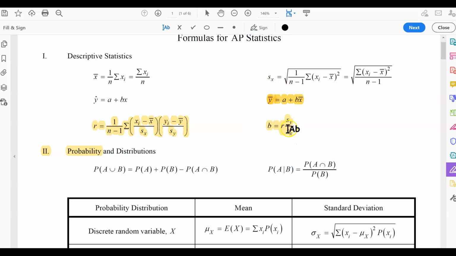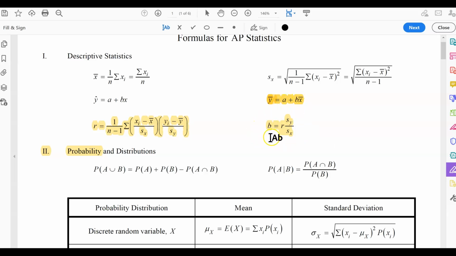So I have my equation for the y bar, okay? This would be the y-intercept, a plus b x bar. That's basically you're finding the equation of a line using the slope and a point. We know that x bar, y bar always lives on the least squares equation. So if I wanted to find a, the y-intercept, it would just be y bar minus b x bar. I don't know why they don't just translate it that way for you.